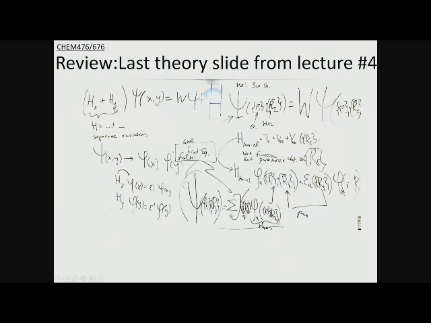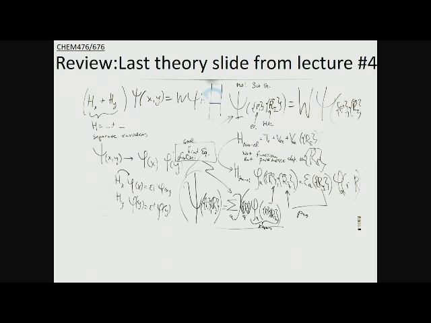If the Hamiltonian acts on different subspaces, different parts of the system, like here x and y, then the wave function can be split into a product. And our goal is to make a rigorous transition, converting the molecular Hamiltonian and molecular Schrödinger equation into two separate sets of equations, one for electrons, another for nuclei.